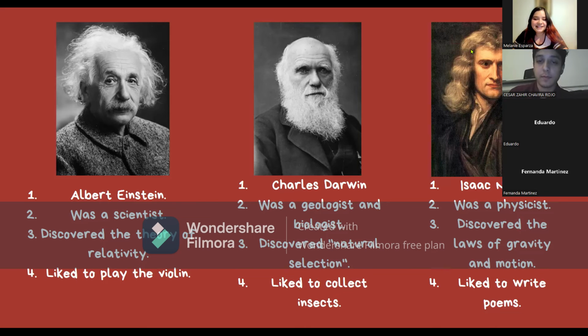Yes, very good. And Lalo, you know a lot about physics. So do you think that you can make an example using which and using the laws of gravity and motion? I can try.